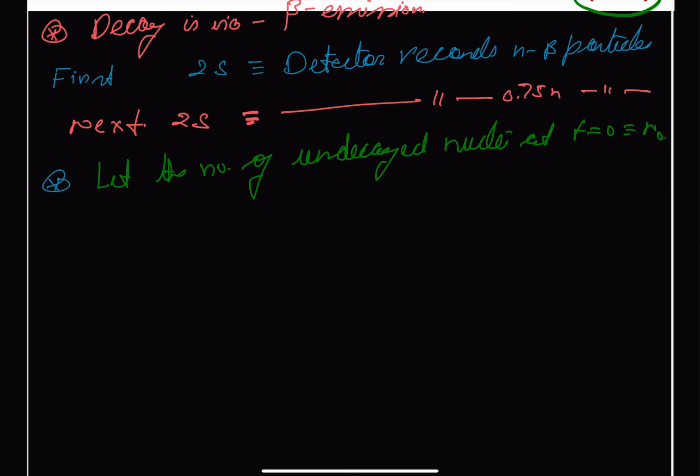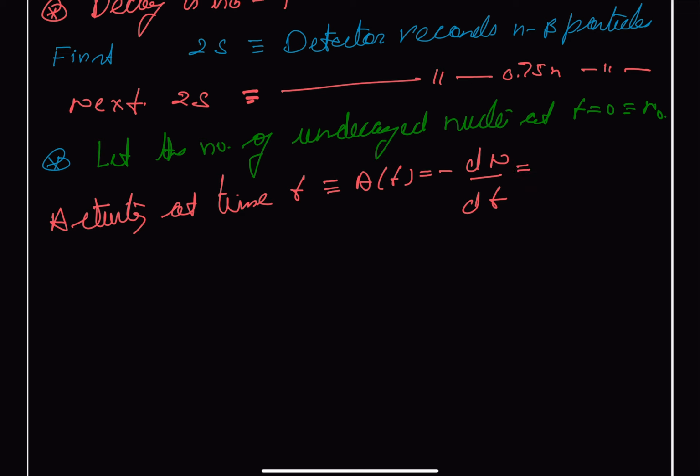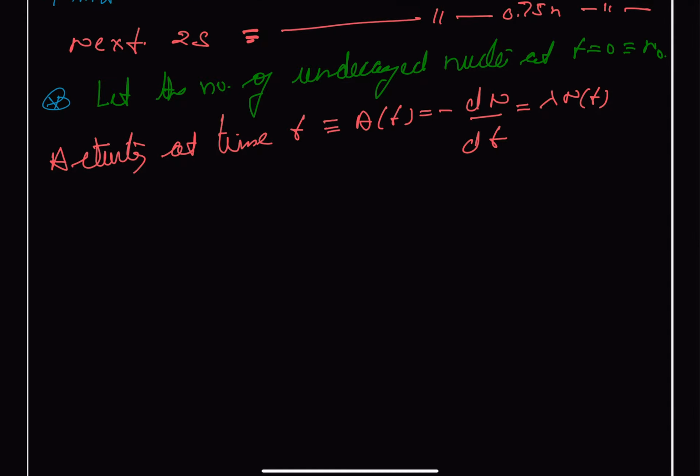So the activity at time t can be written as A of t, which is equal to minus dN upon dt, which is equal to lambda times N of t. Substituting the value of N of t, that is N naught e raised to the power minus lambda t.